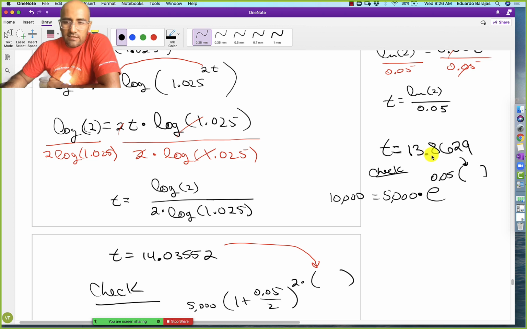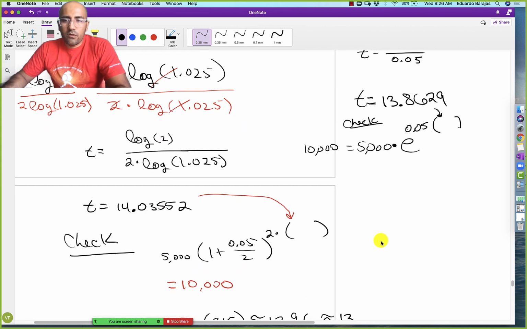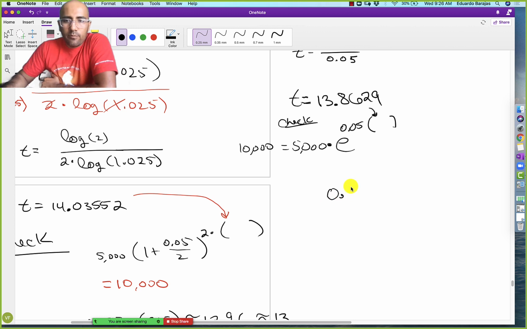Again, you can think of this as 86.29% of the following year, but people like to see things in terms of months and days. So let's do the same thing as we did before. I'm going to multiply 0.8629 times 12, because there are 12 months.